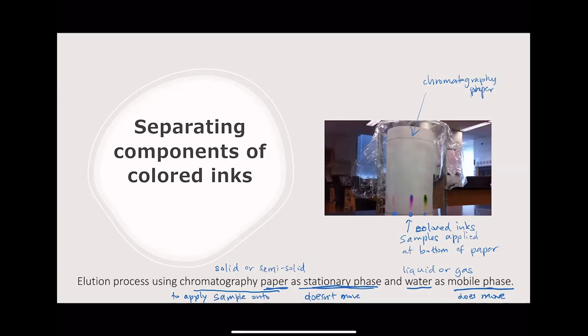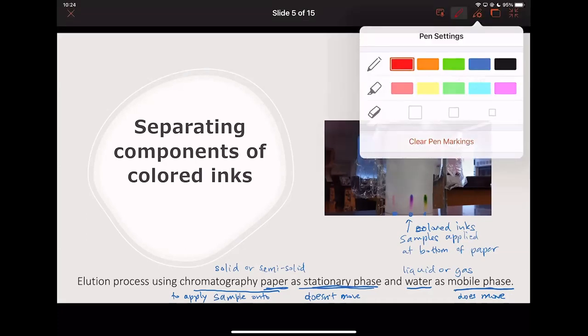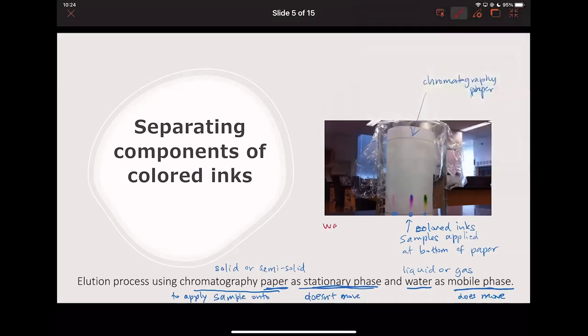And what those molecules do, the water molecules, is get absorbed. And this is what we know as capillary action, the capillary action that we saw in the water lab. It causes the water to move up the paper against gravity.